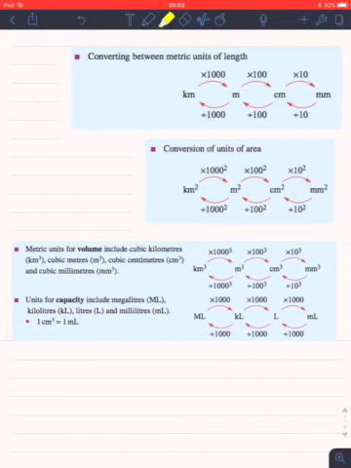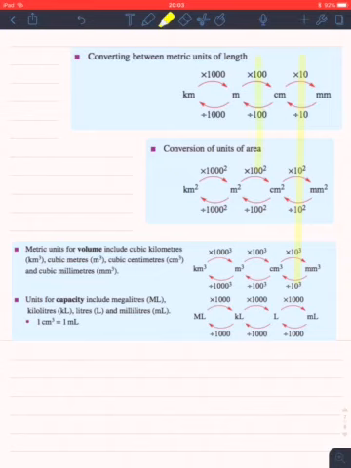So if you look at the right-hand column here, you can see centimetres to millimetres we multiplied by 10. Looking straight down, to convert area we got 10 squared, and to convert volume we got 10 cubed. If you look at the second column, we've got metres to centimetres in distance or length, we multiplied by 100.